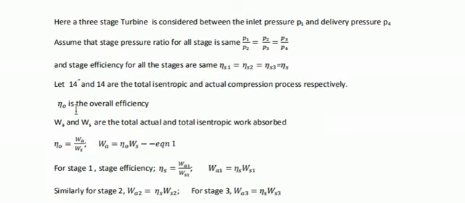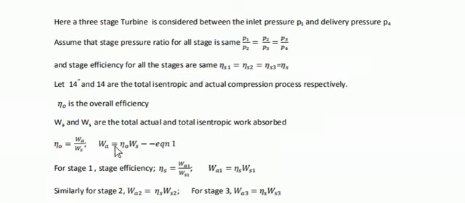Eta naught is the overall efficiency. WA and WS are the total actual and total isentropic work absorbed respectively. So eta naught is equal to WA by WS.